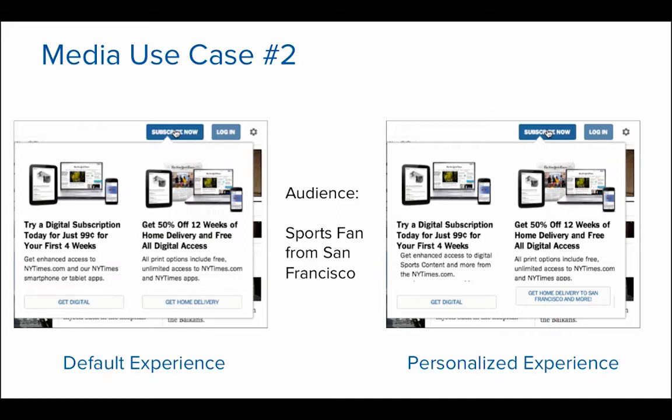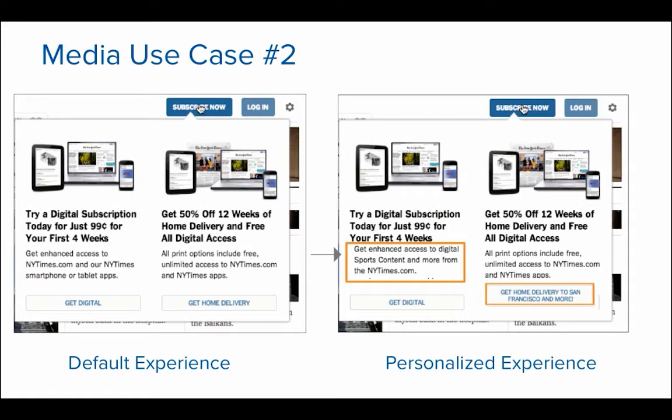So in this case, if you use the Tealium audience stream integration to identify a user as a sports fan, you might not want to default them to what is shown on the left. You can actually tweak the content into something that would catch the reader's eye and have a better chance at converting them. So instead of just saying get access to New York Times, you can actually say get enhanced access to digital sports content from the New York Times.